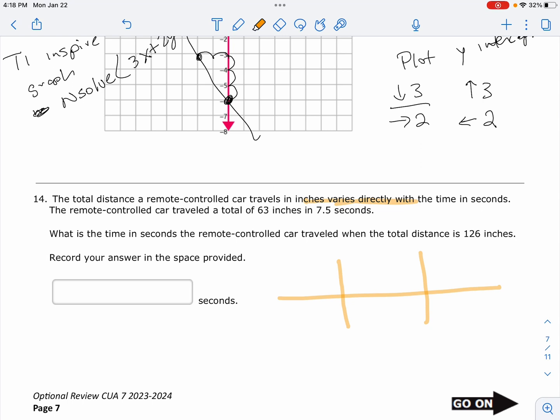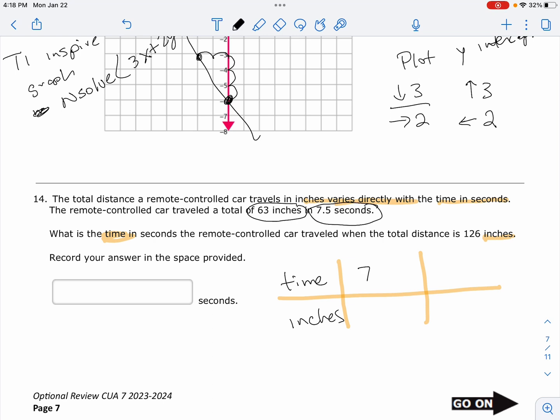This is measuring time in seconds, and it's measuring distance traveled, it looks like in inches. So inches and time. I'm going to do my labels first. Time, inches. I can tell you that 63 inches goes with 7.5 seconds.